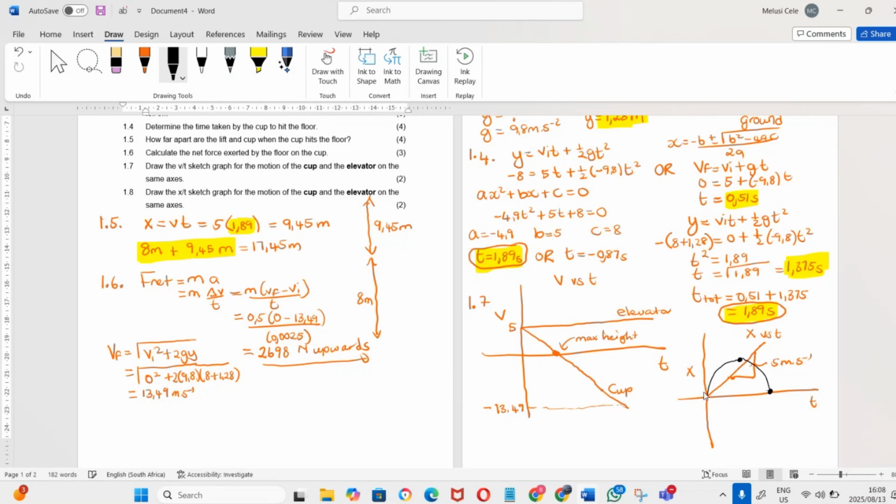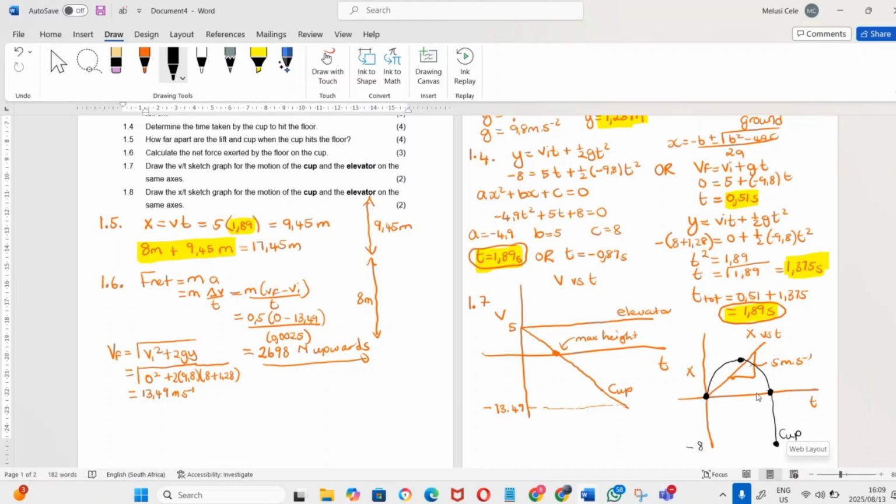Remember, the cup was dropped from here, and then it went up, reached maximum height, then came back to where it was dropped, and then it went straight down, and hit the floor here. So essentially that would be negative 8 meters. And that's how you draw the x-t graph that represents the motion of the cup.